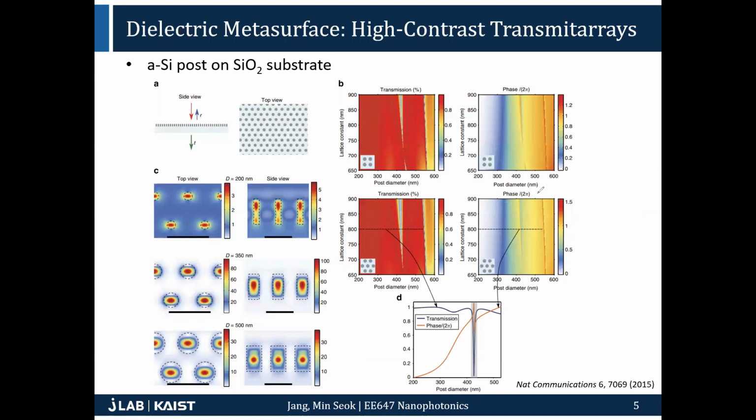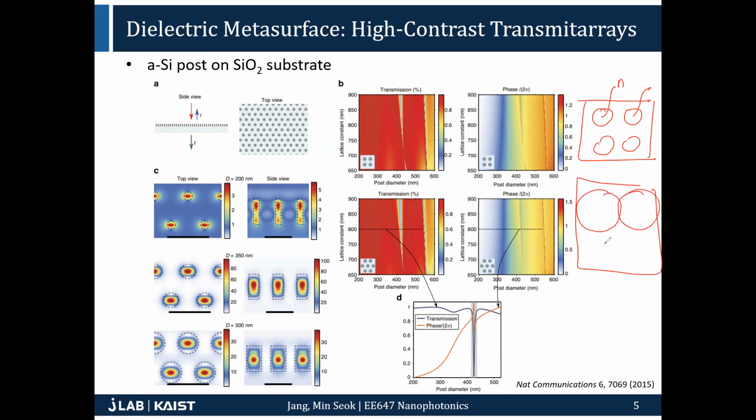So you can think of metamaterial and metasurface with high index material filling only a small fraction of area, and also think of high index material filling a large fraction of area.